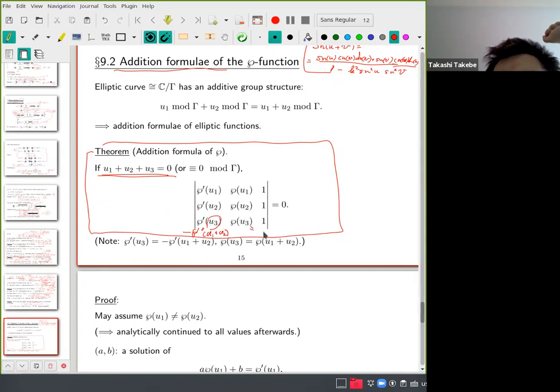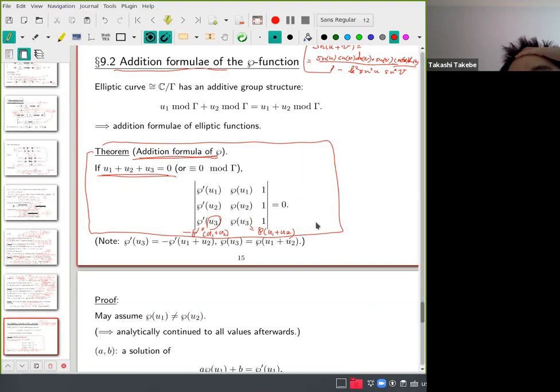This is P of U1 plus U2. So this relation is the relation among values at U1, U2, and U1 plus U2. So it is called the addition formula.